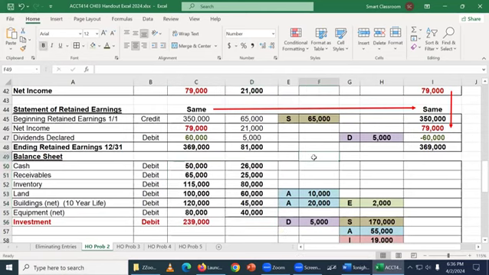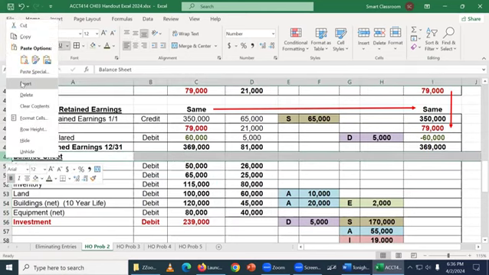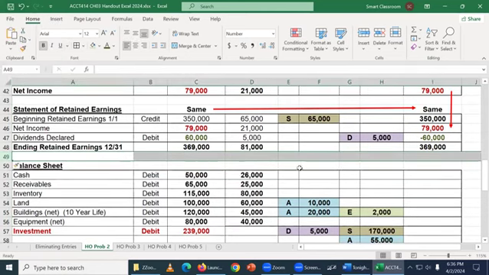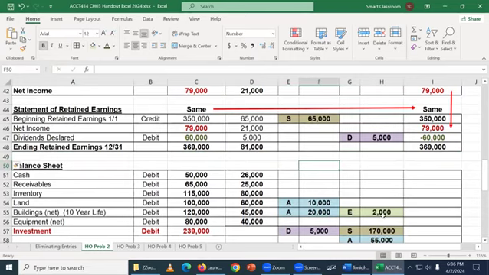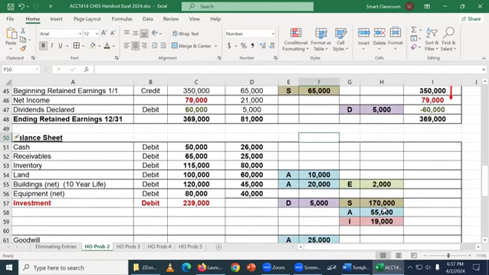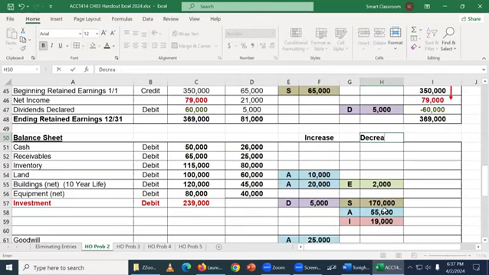Now for assets, I'm gonna do something here. So for assets, debits are going to increase and credits are going to decrease. This is only for assets.